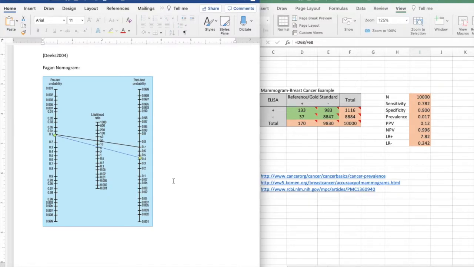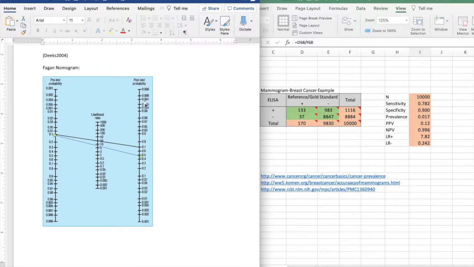So now with 2 positive mammograms, we're at about 50% chance of actually having breast cancer. That's still really frustrating, right? So I've tested positive twice. I've gone to the clinic. I've had 2 tests. They've both been positive, and it's still a coin flip. What if you got a third test?